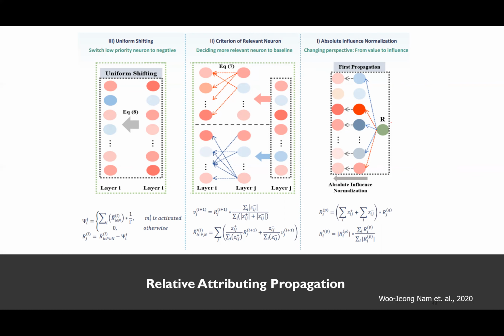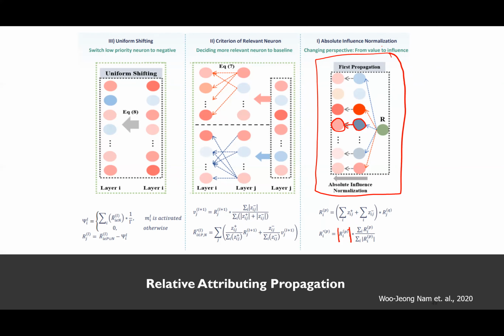So instead of using the sign as a good indicator, we just take the absolute value. Even a negative value will be regarded as a good contribution of relevance. So we just take the absolute value in the last layer, where the nonlinear activation does not apply.